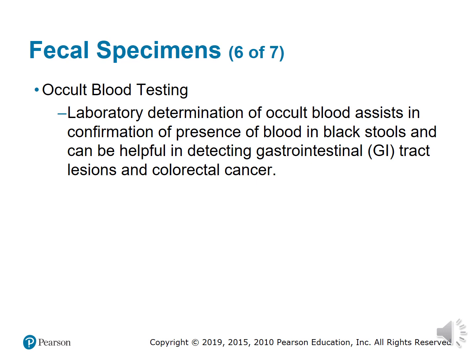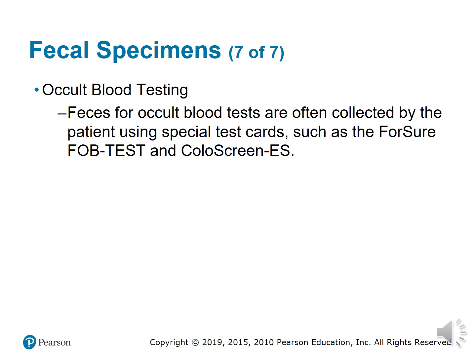Now, occult blood can have a variety of names. It can be called, of course, occult blood stool sample, or FOB test, or Cologuard test. Cologuard is the newest one you hear a lot about on TV. This is just to check to see if there's any blood in your stool.